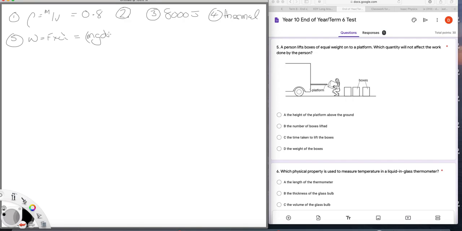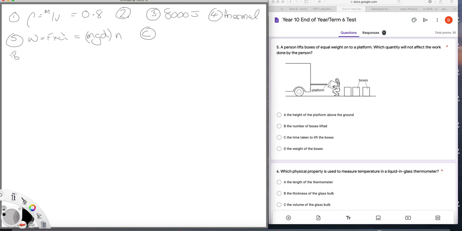And of course, the number of boxes. The more boxes you lift, the more work you do. So the height, absolutely. Number of boxes, absolutely. The time, well, there's no time in here. The weight, absolutely. So the answer is C.